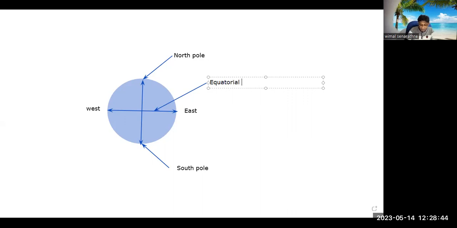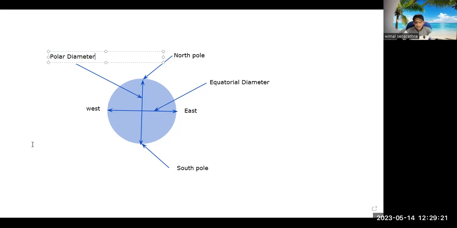Okay. This is called equatorial diameter. Then this one. This is polar diameter. This is called polar diameter, right? Polar diameter.